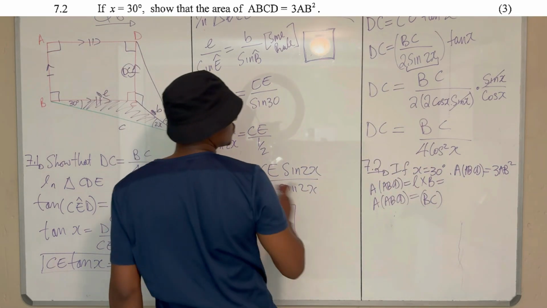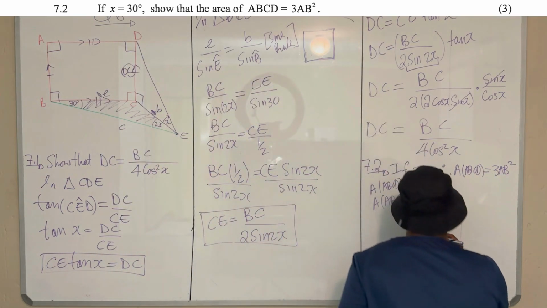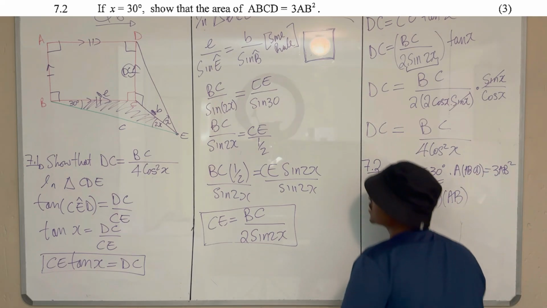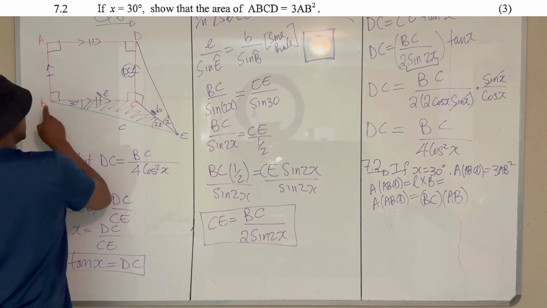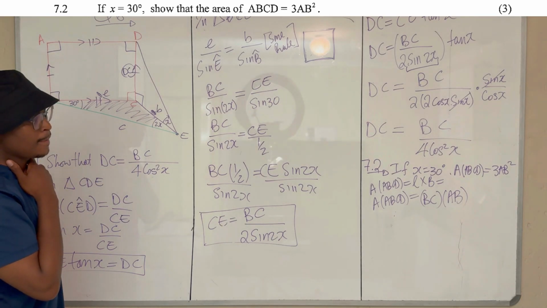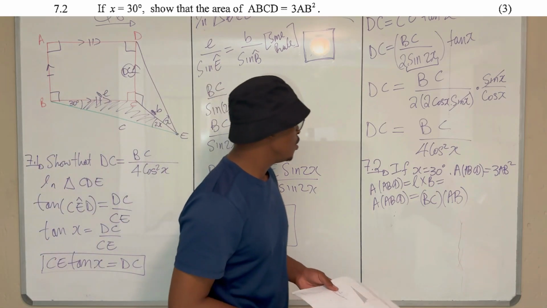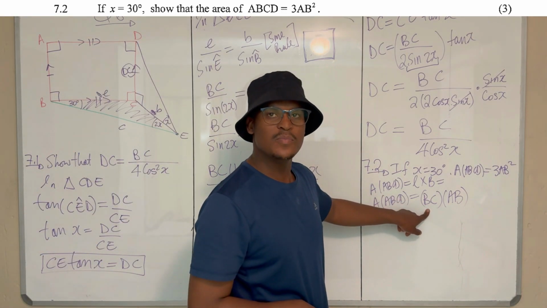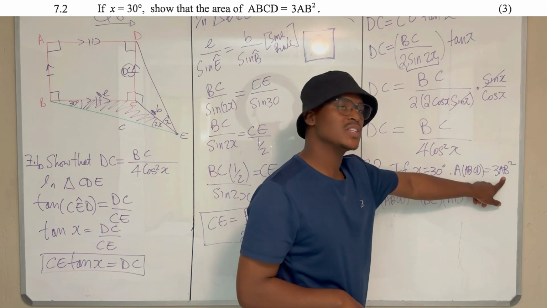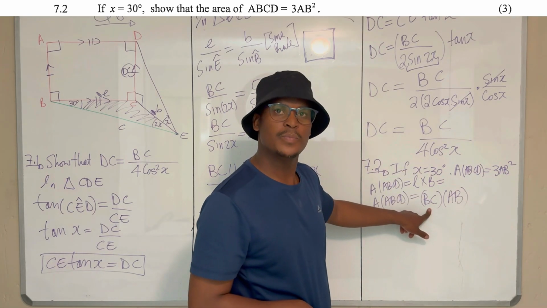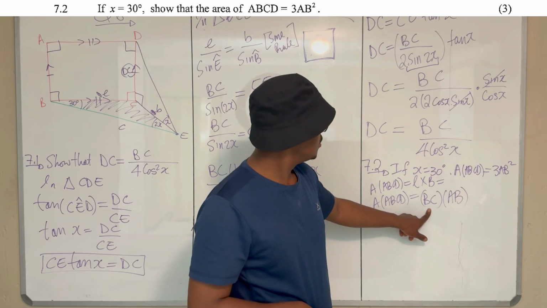Let's say AB, because we're trying to have AB at the end of the day. So BC times AB, that's our area. Now we need to go and find what BC is, because AB is okay. We're trying to have another AB here so that we can have an AB squared. We're trying to show that BC is equal to 3AB. So let's go to BC.